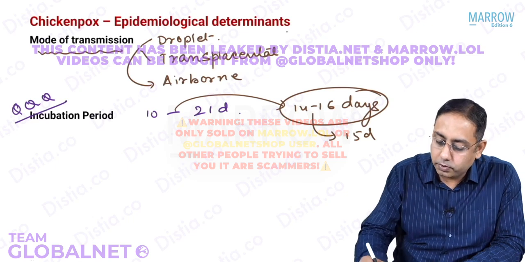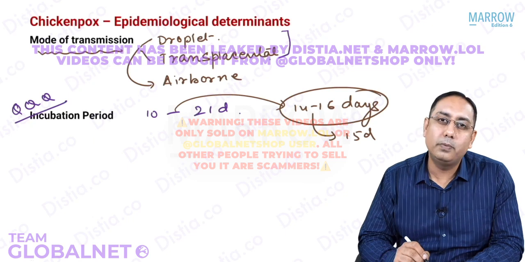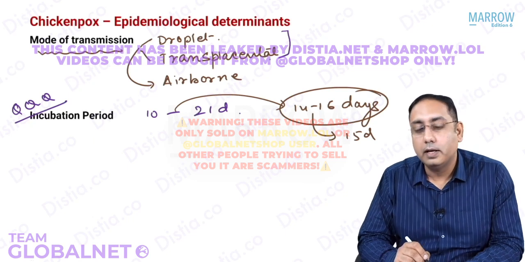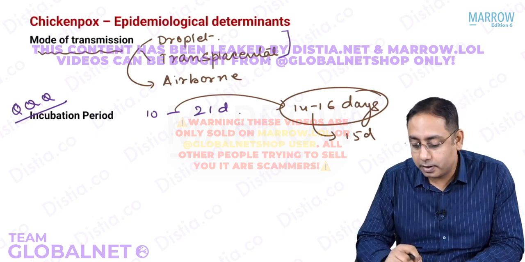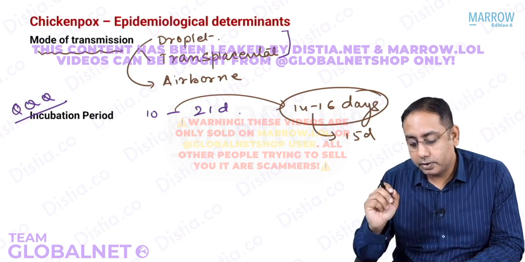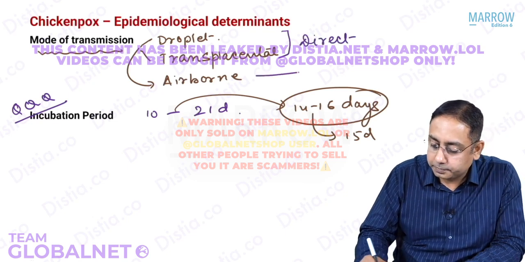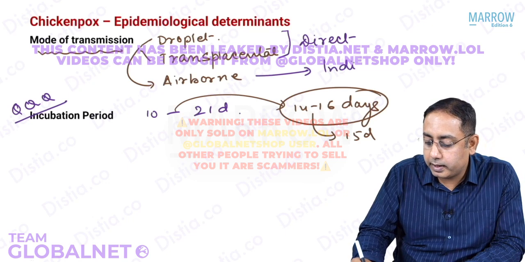Please note, if you look at the chapter where we discussed the concepts of community health, the infectious disease epidemiology chapter, we talked about modes of transmission. There is a direct mode and an indirect mode. The droplet and transplacental forms are direct modes of transmission. Airborne is the indirect mode.